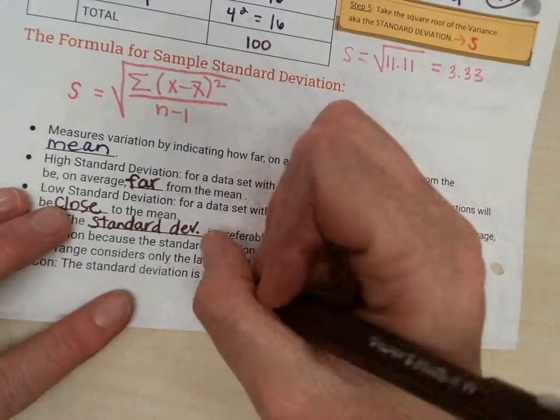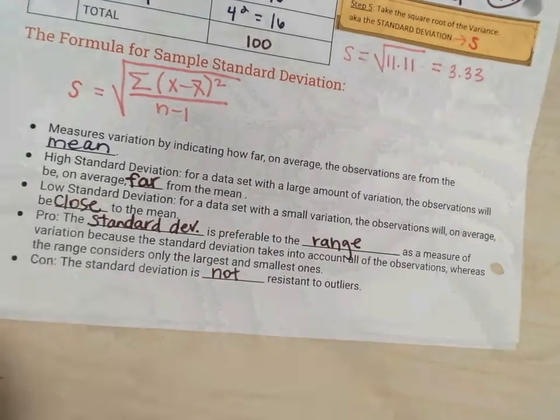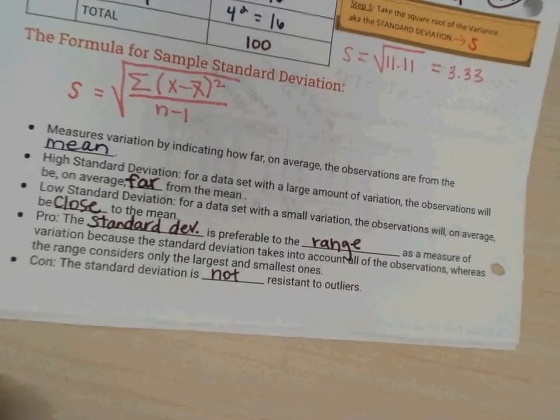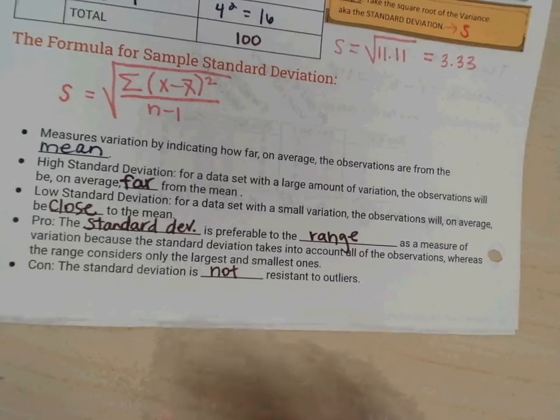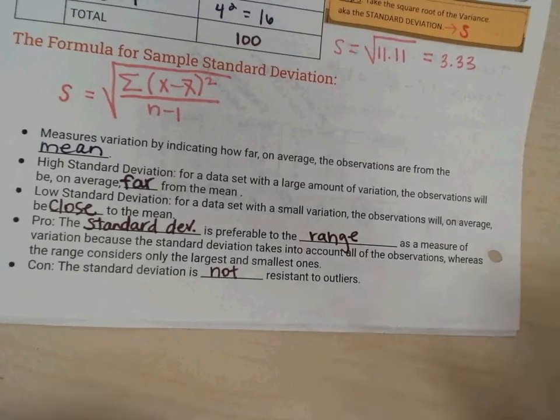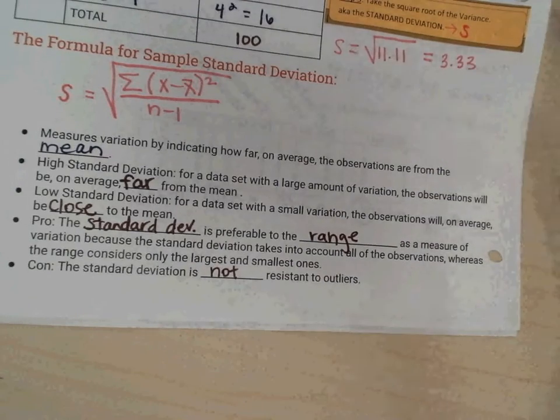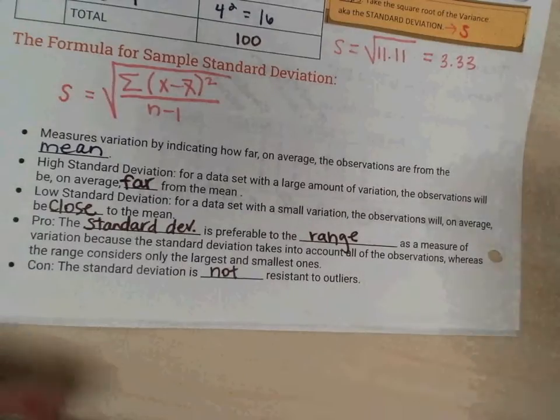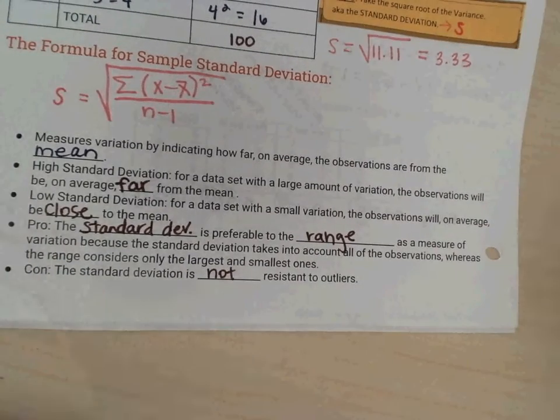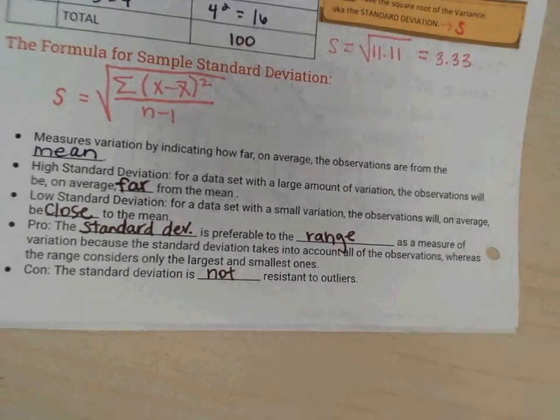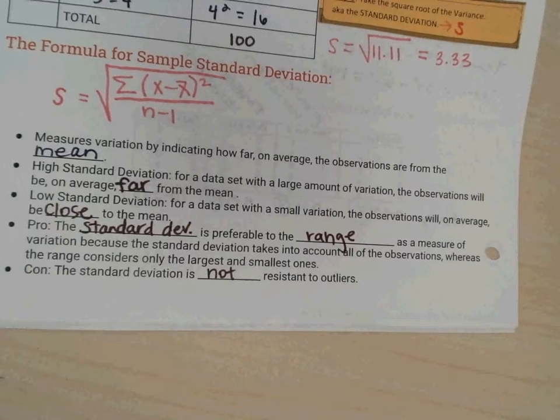The con is that the standard deviation is not resistant to outliers. Kind of like the mean, right? Since it relies on the mean, which isn't resistant to outliers, therefore the standard deviation is not resistant to outliers. I'm going to pause it here, so we're going to all practice doing another data set calculating the standard deviation.